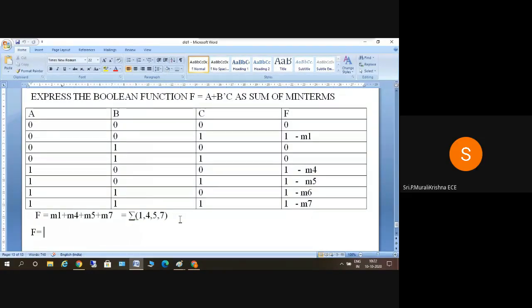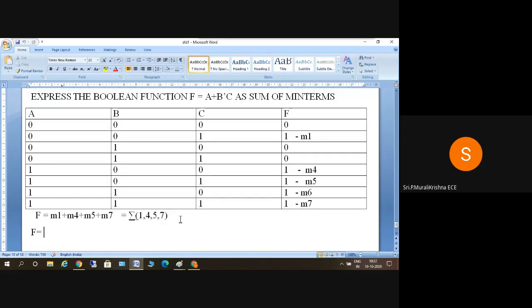And a max term is an OR operation of the possible input combinations.